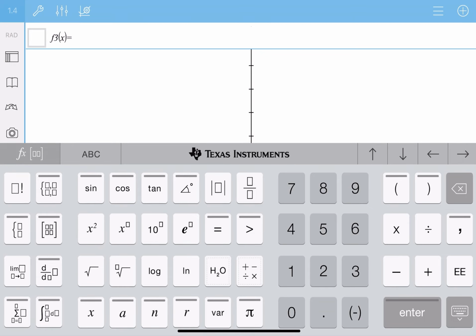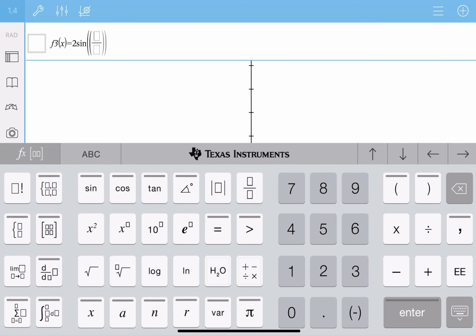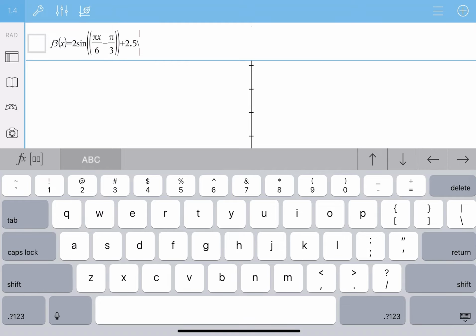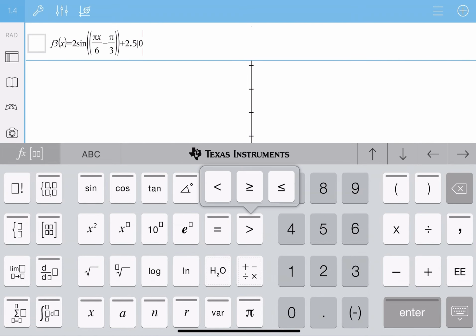I'll quickly type this graph in, remembering to use X instead of T. In hindsight, it probably would have been easier to just quickly define this earlier on, and then we could have just used the function over and over again. That's why it's really important to read in reading time so that you know exactly what you might need to define and what you don't need to.